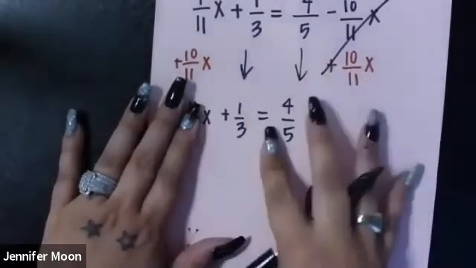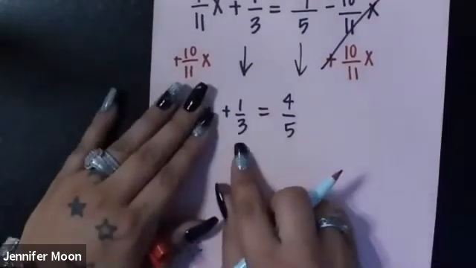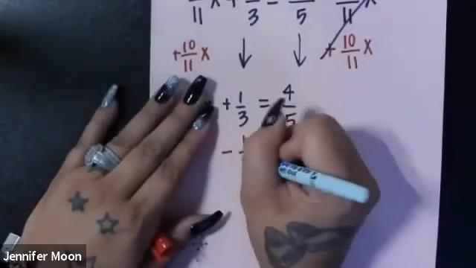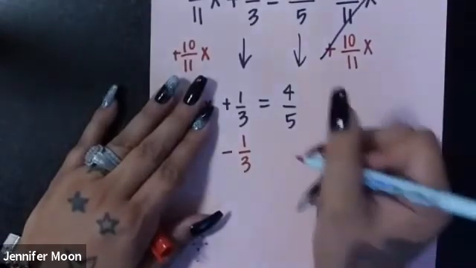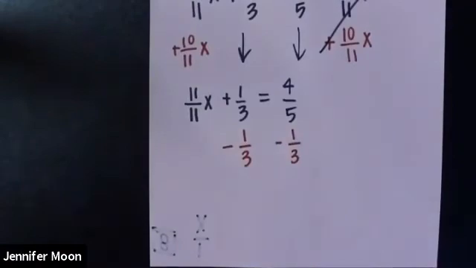I've got stuff going on around it though, so I need to get rid of it. And the way you quote unquote get rid of it is to do the inverse. So because it's a positive 1/3, what I need to do is subtract 1/3. Whatever you do to one side, you have to do to the other. Now, y'all, I'm not going to write 11 over 11x.